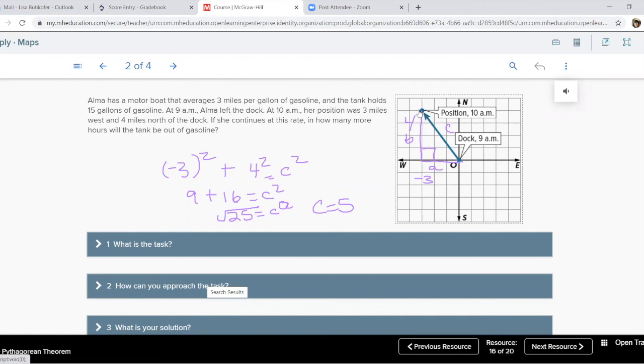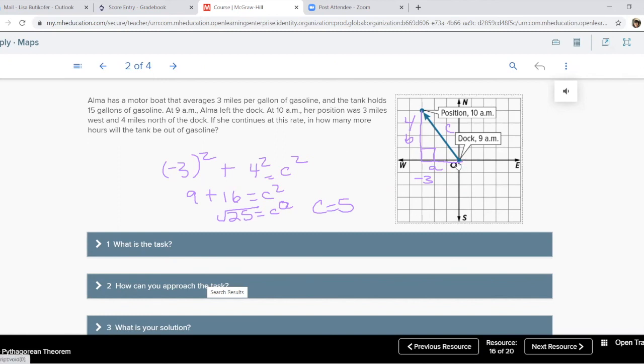So if you do a straight line though, it will be 5 miles. So in an hour, she's gone 5 miles in 1 hour, okay? So if it's 15 gallons and she averages about 3 miles per gallon, at this rate, how many hours will it take for her to be out of gasoline?